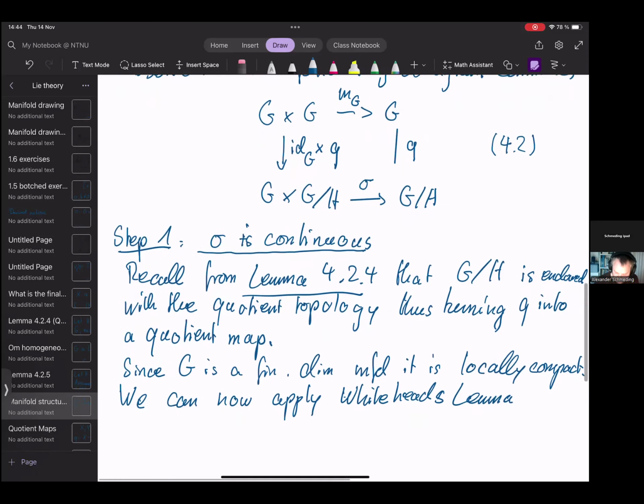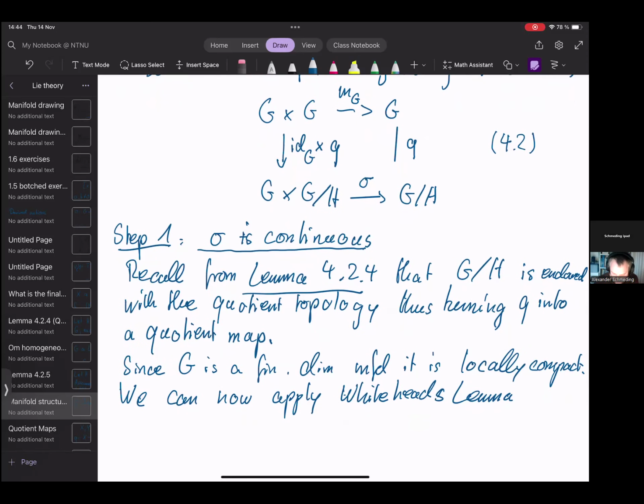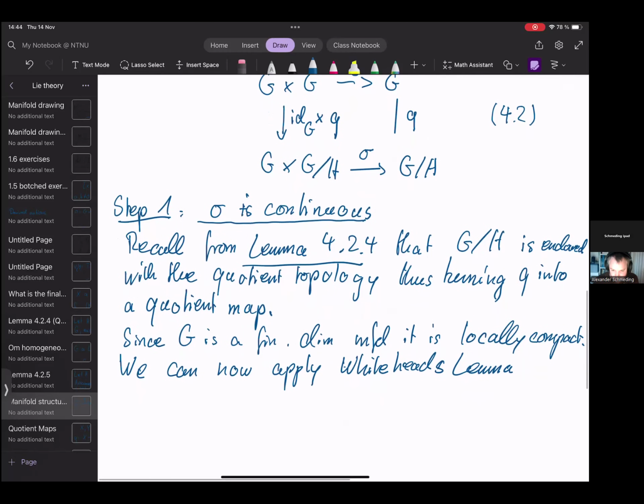This is also contained as a statement in the video on quotient mappings. So why do we do that? Do we need Whitehead's lemma to see that the Cartesian product of it, G with Q, is also a quotient map?